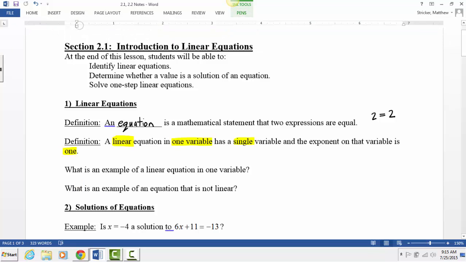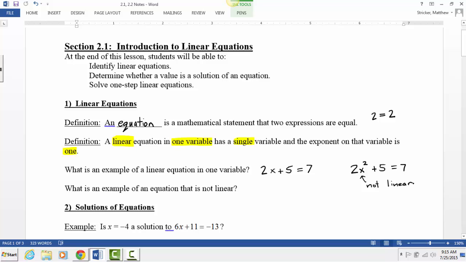An example of a linear equation might be something like this: 2x plus 5 equals 7. This is a linear equation in one variable because there's just one variable, x, and the exponent on that variable is 1. In other words, it's not something like 2x squared plus 5 equals 7. This is not linear.